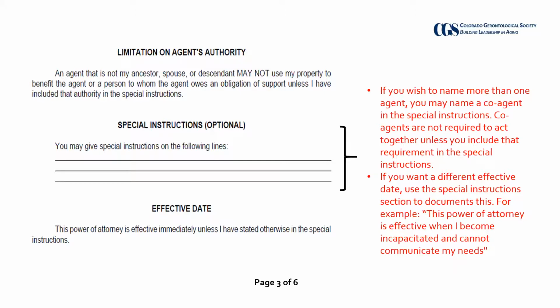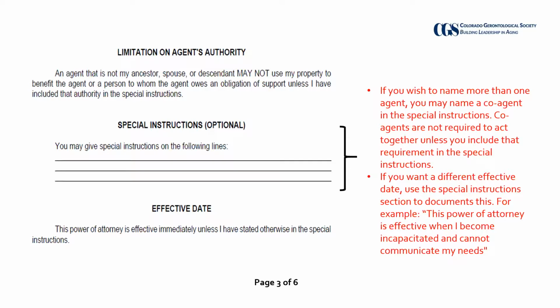A physician does need to sign a letter indicating why you're not able to manage your finances. So it's not just I'm submitting a form that I created myself and now I'm a conservator.